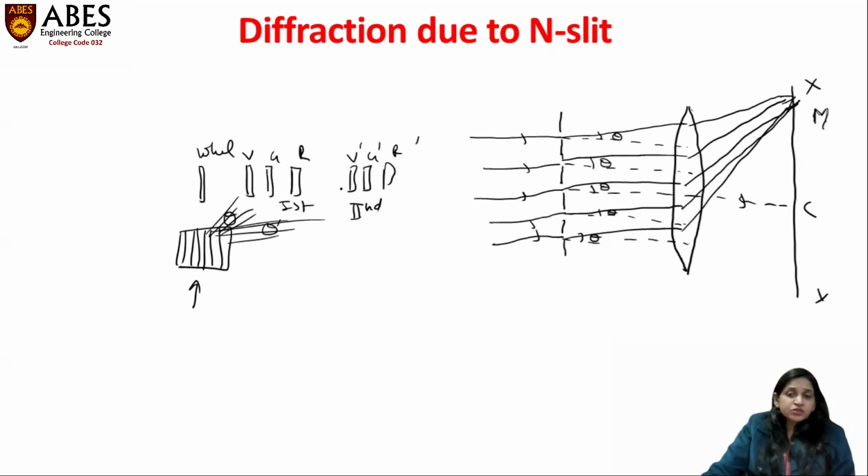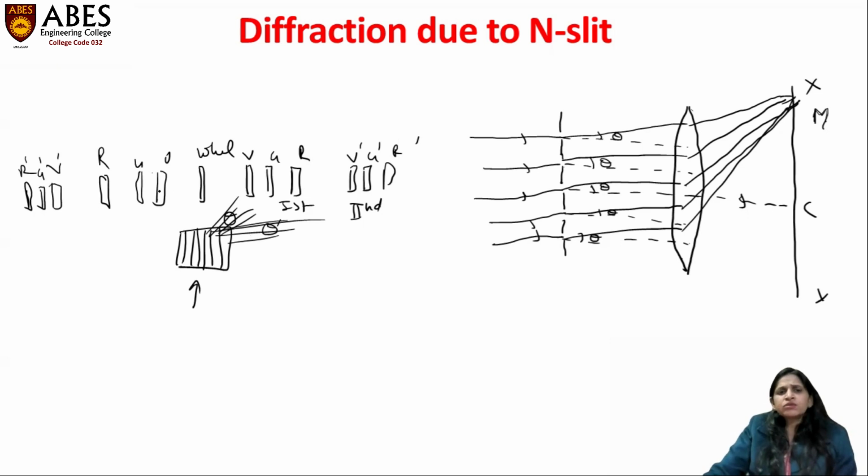As diffraction is dominating, we are studying the diffraction phenomenon, so you are totally right that first order will have more intensity. Similarly, on this side also, violet, green to red first and violet, green to red second.